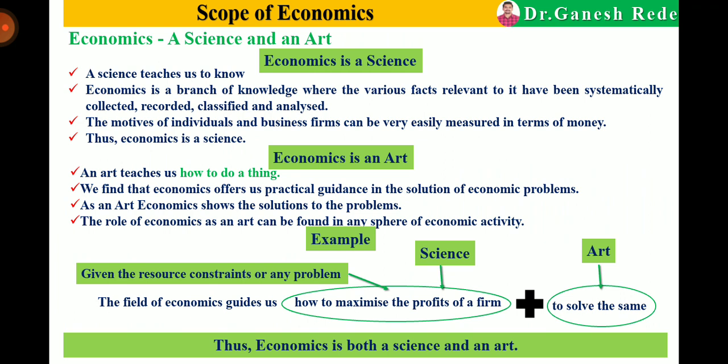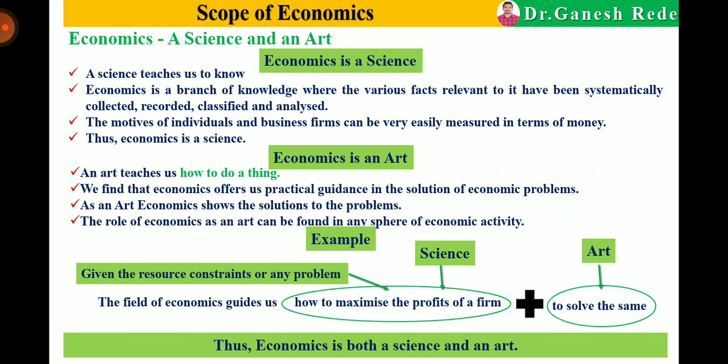As a science, economics is a branch of knowledge where the various relevant facts have been systematically collected, recorded, classified and analyzed. So the motives of individuals and business firms can be very easily measured in terms of money. Thus economics is a science.